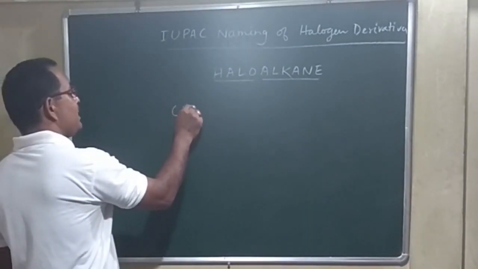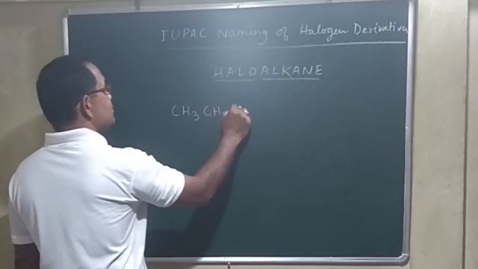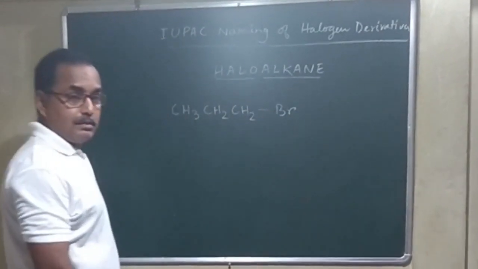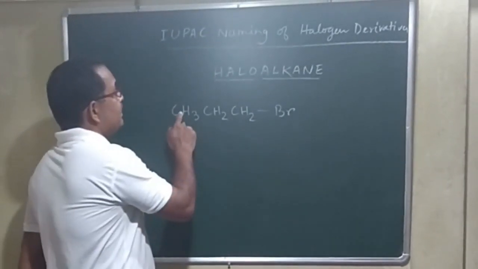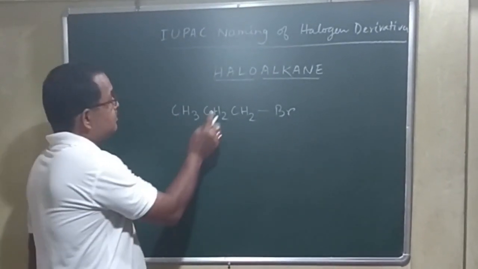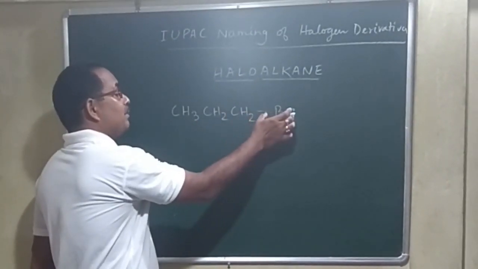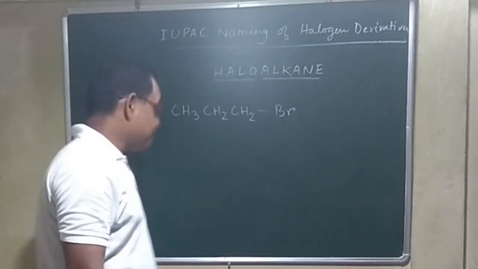See, CH3, CH2, CH2, Br. See, there is no double bond or triple bond, so this is an alkane. We have to apply our rules. What is the rule?